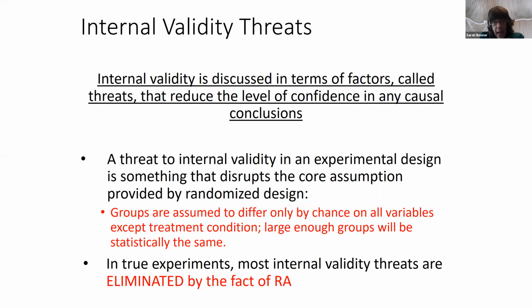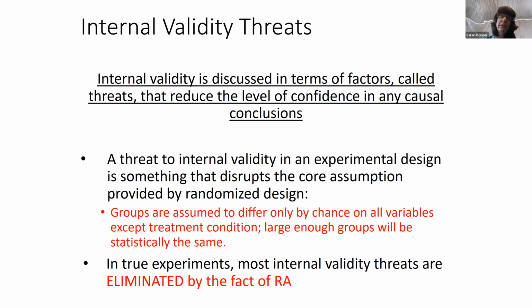Now, even if you have true random assignment and good experimental manipulation and no interference with quality of the manipulation, no confounding variables, you can still have threats to the conclusions about causal effects in an experiment.